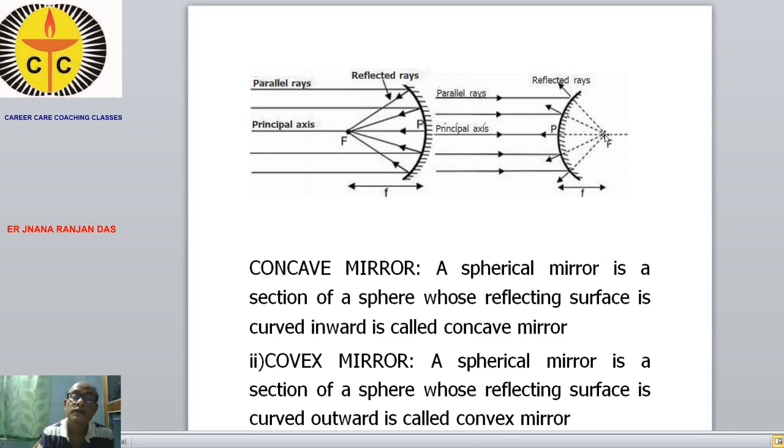Actually, this focus in case of a convex mirror is where the reflected rays will not really meet.